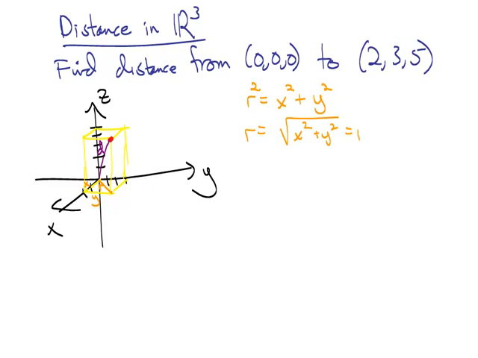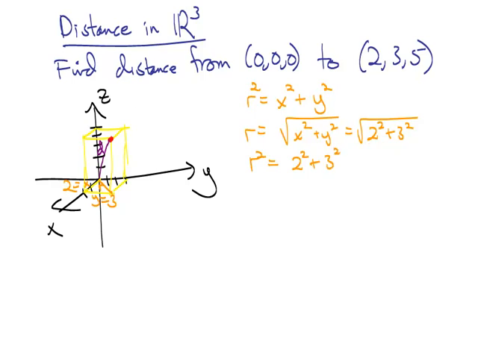And in this case, that's the square root of, how far do we travel on the x-axis? 2 units. And the y-axis, 3 units. So 2 squared plus 3 squared. And so r squared is just 2 squared plus 3 squared, or x squared plus y squared.